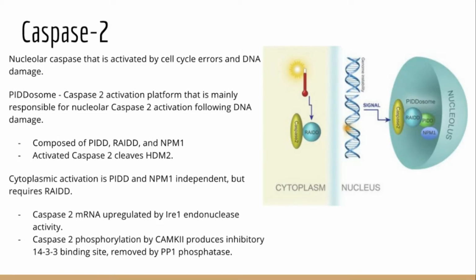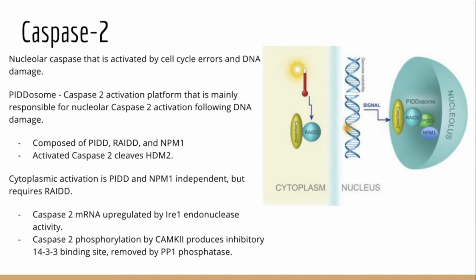prevailing theories as to how it's activated. So the PIDDosome, consisting of these two critical proteins, PIDD and RAIDD, is a well-established activating platform of caspase-2 in the nucleolus, and it was actually recently found to associate with a third protein called NPM1 to facilitate caspase-2 recruitment, autocleavage, and activation.